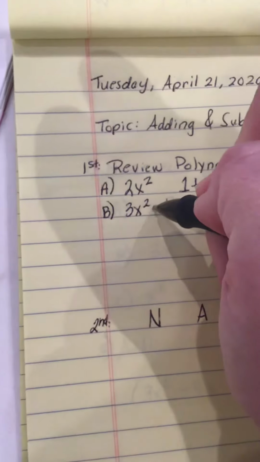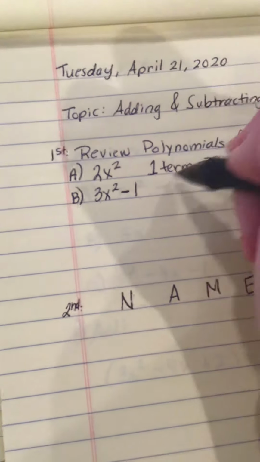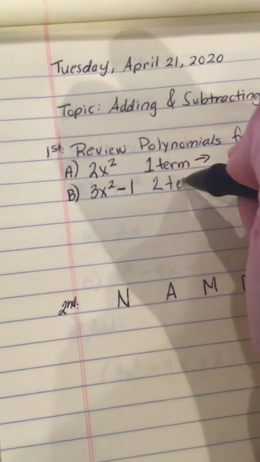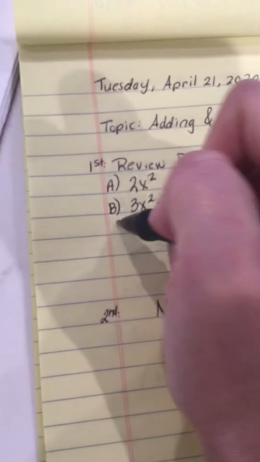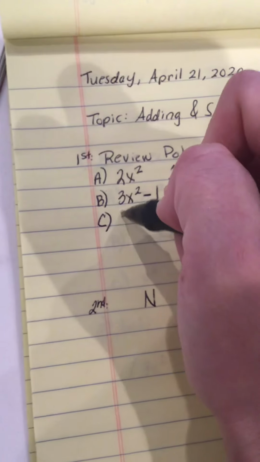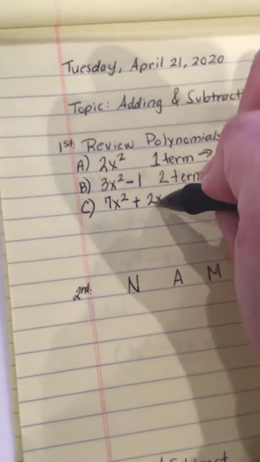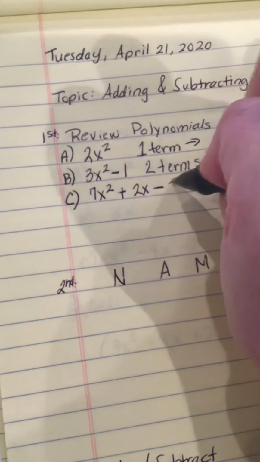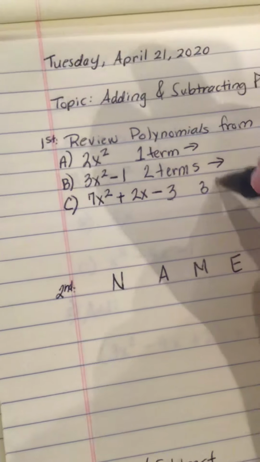Once you see a minus or plus, it separates it into another term. So this has two terms. What do you call that? And then c, we have 1. Now I'm going to put a plus. There's another term. A minus breaks it into another term. So this has 1, 2, 3 terms. What do you call that?